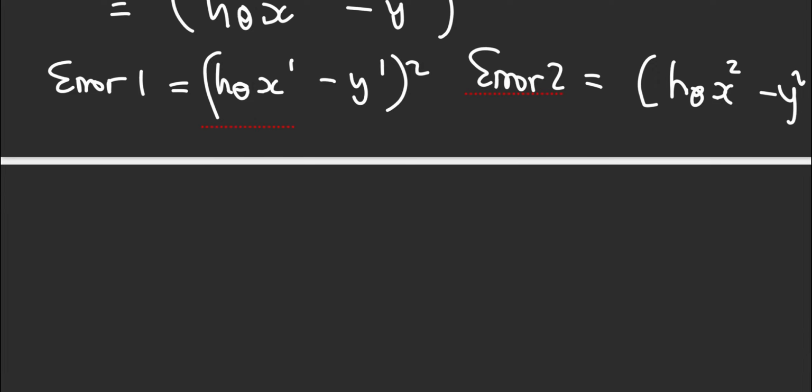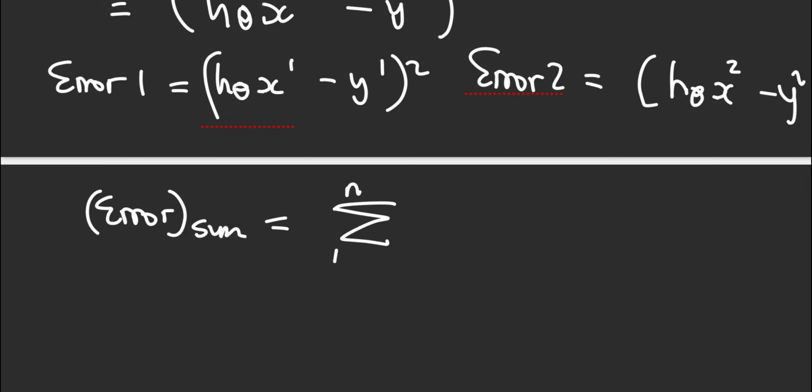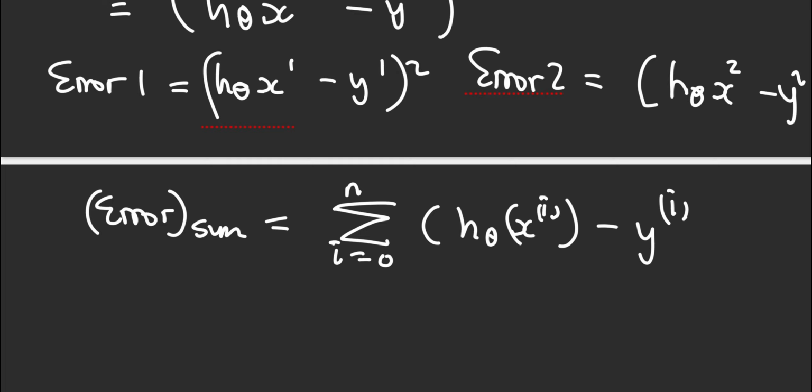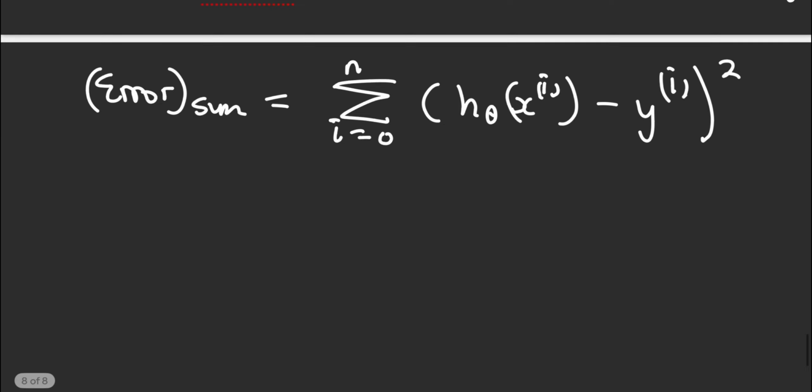So you can basically say that the sum of all the errors will basically be equal to the summation of n from I is equals to 0 for all of your errors h theta of x to the power of I minus y to the power of I squared. Okay. So this is what you call the cost function, right?